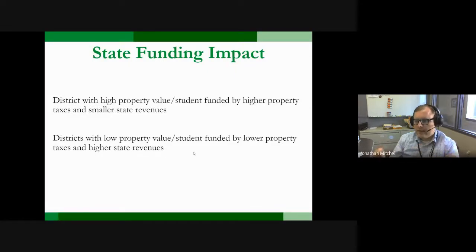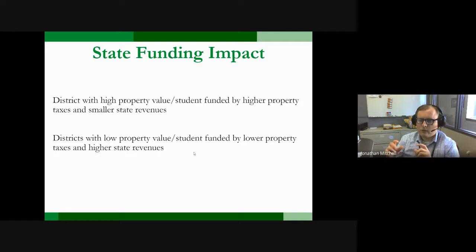And this is a key point. So, under the revenue limit, districts with a high property value per student make up a larger percentage of their revenue limit through property taxes and a smaller amount through state aid revenues. And districts with a low property value per student are funded with a lower overall property tax and higher state revenues under the revenue limit.